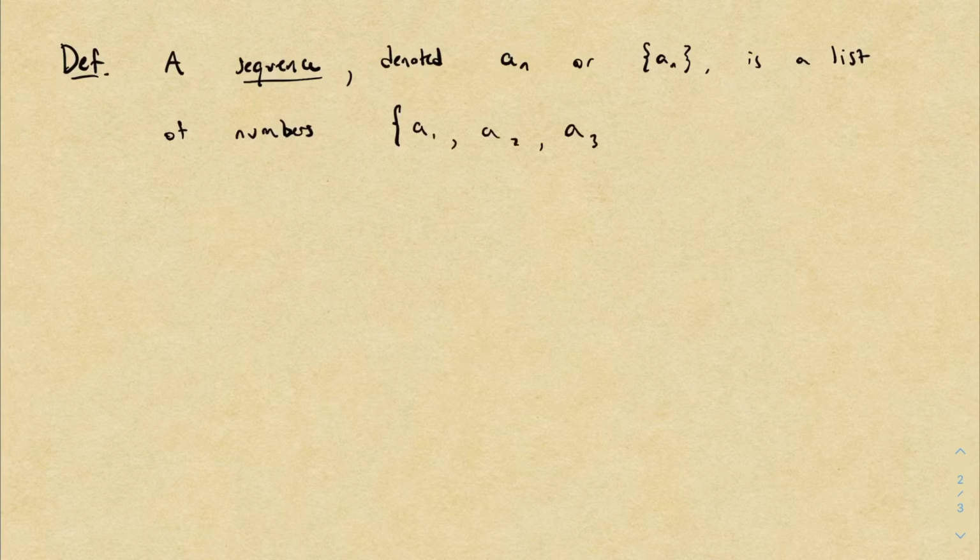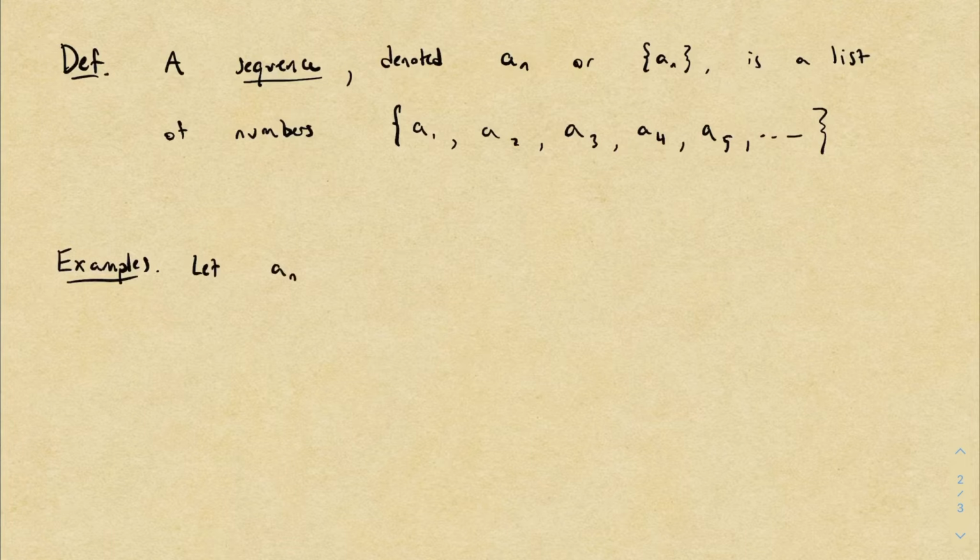So more precisely, a sequence, which I'll write a sub n, or sometimes with brackets, is just a list of numbers, a1, a2, a3, a4, a5, and so on. Just to see some quick examples before we do some more intensive examples in a second, the most classic sequence ever is probably 1 over n.